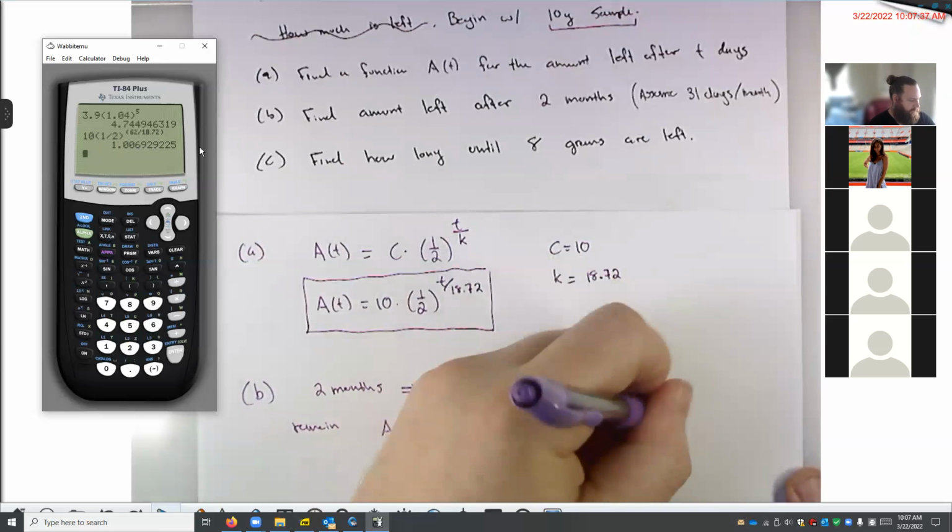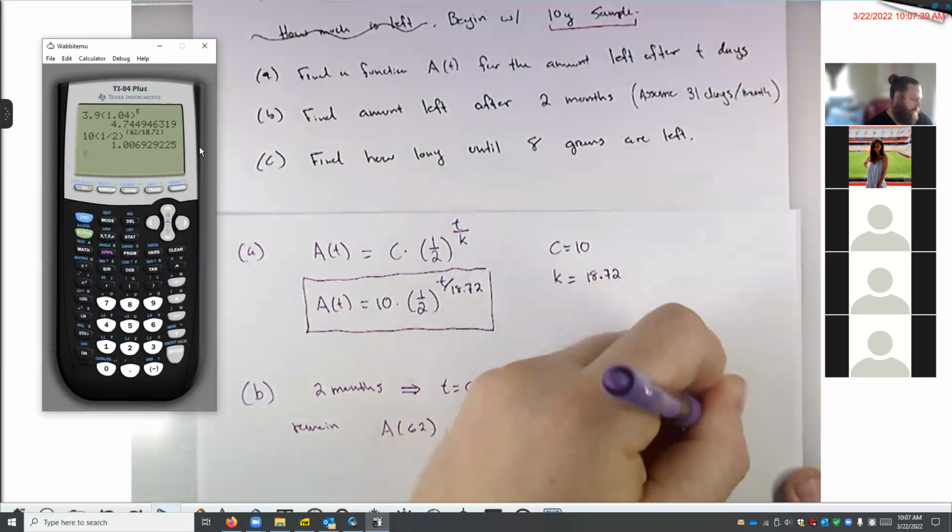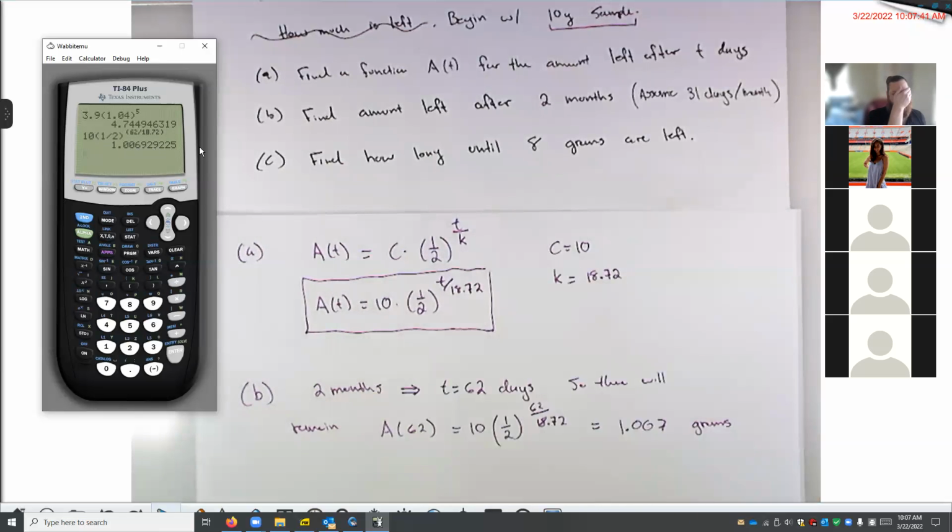I'll round up to 7. Any questions about this calculation?